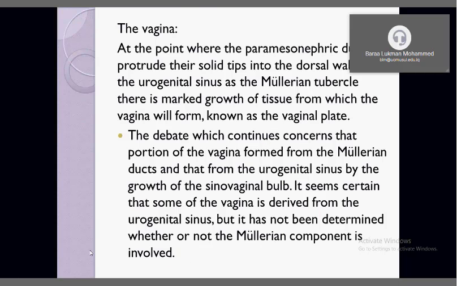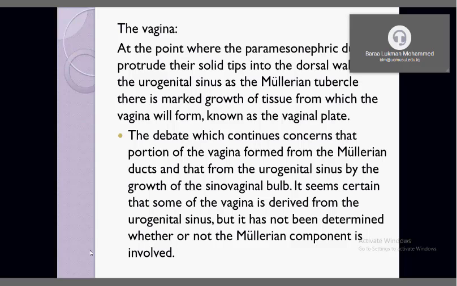For the vagina, there may be some doubt about its development. In conclusion, it is developed from the fusion of the distal part of the Mullerian duct, which forms a Mullerian tubercle. This projects into the dorsal wall of the urogenital sinus.